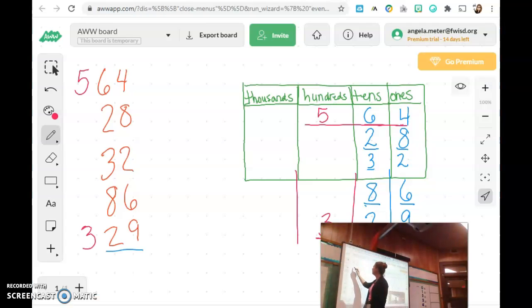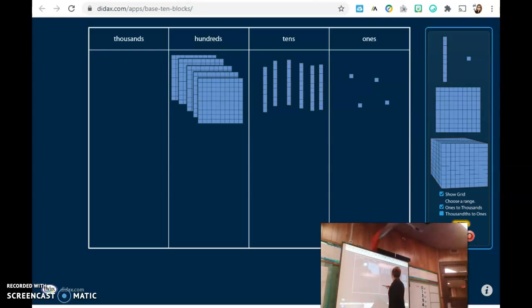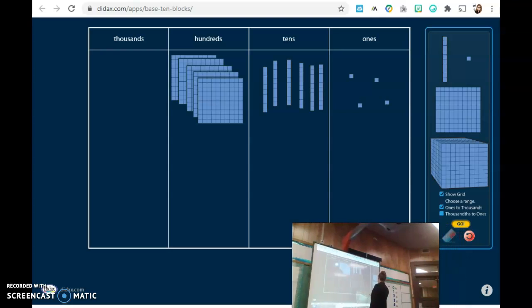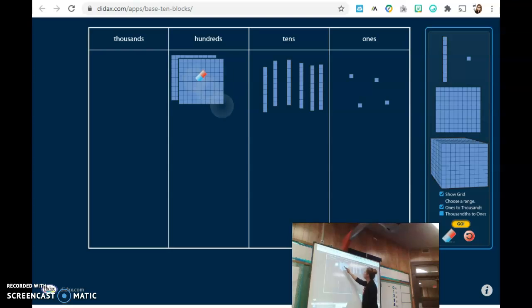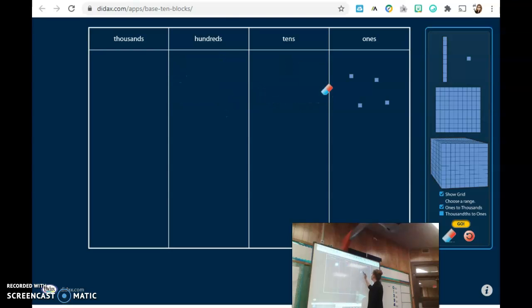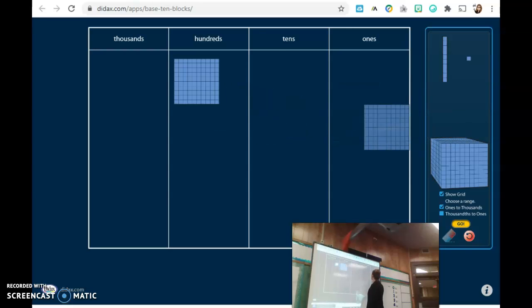Okay, now let's look at another number. Let's put a 3 in front of here. So now it's not 28, it's 328. So now I need 3 flats, 2 rods, 8 units. So let's go ahead and do that. Okay, we're going to get rid of the old number here. I needed 3 flats.